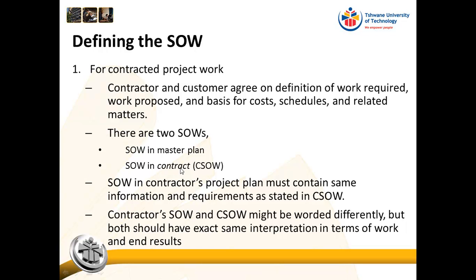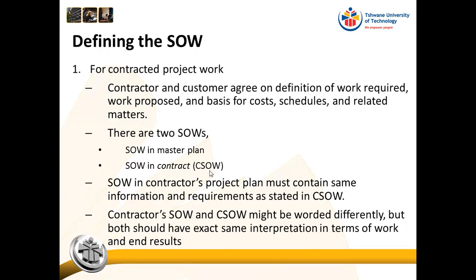Whereas the statement of work in the contract will be limited to the work that needs to be done on the engine. So the statement of work in the contractor's project plan must contain the same information and requirements as stated in the contract statement of work.